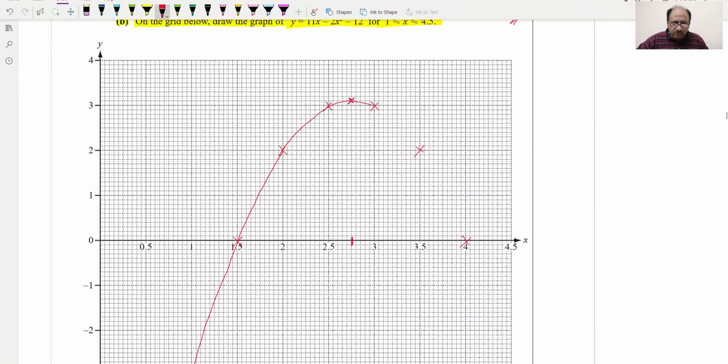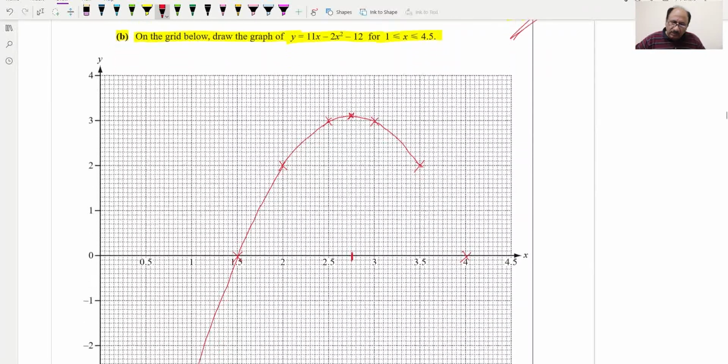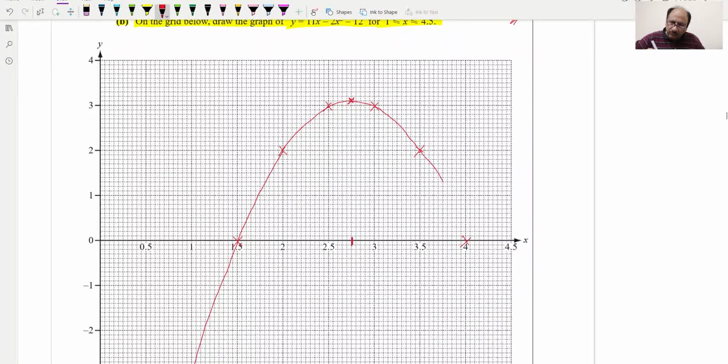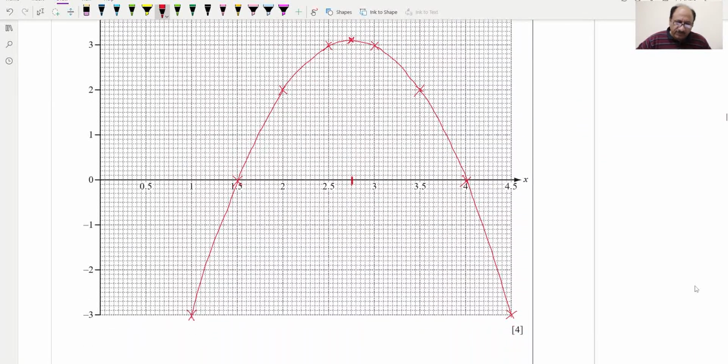We are trying to draw a smoother curve, and this will require a little practice. Because the screen is a little slippery, it's a little difficult, but with pencil and paper we have more control. Now this is done, and from here also we can rectify our graph wherever required.